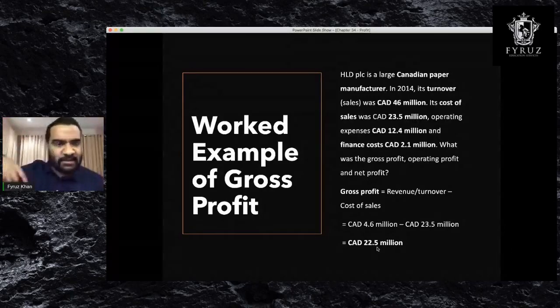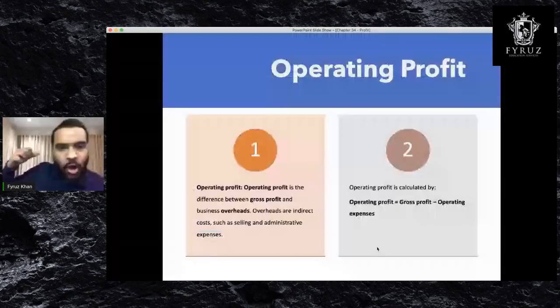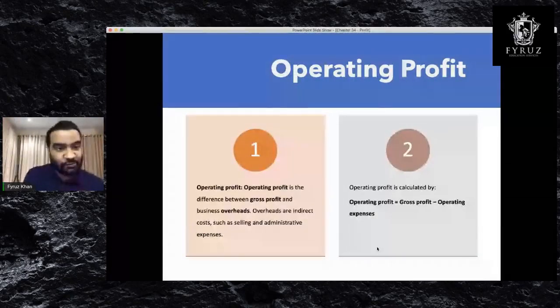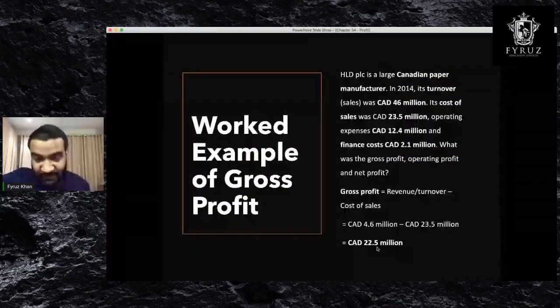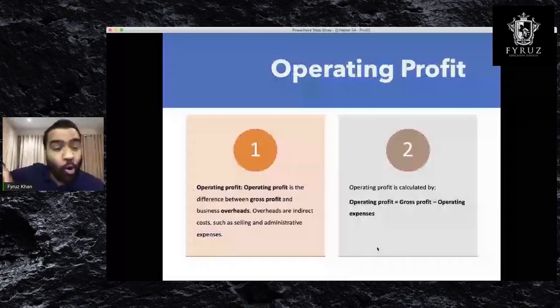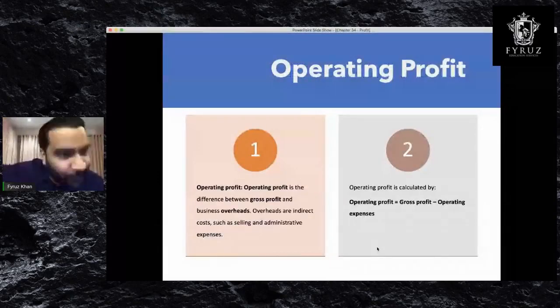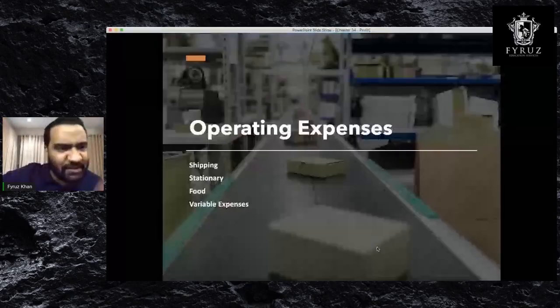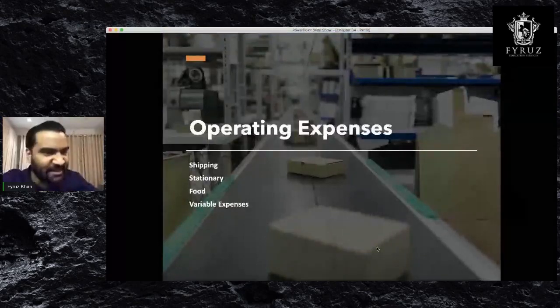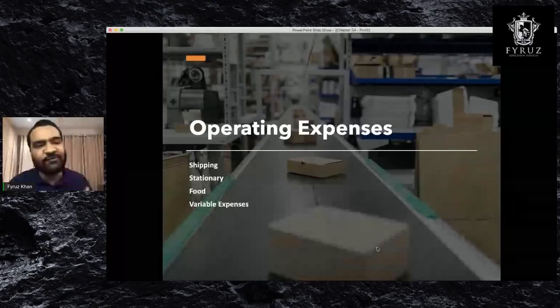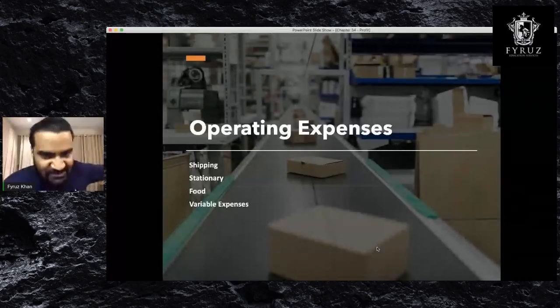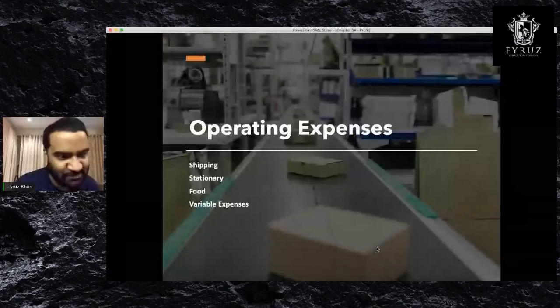Okay. Now, operating profit means you take the gross profit that you've already found out. You take that value, 22.5 million, minus overhead expenses, minus operating expenses. In a company you have expenses like, I need to ship this product, I need stationery, you need food. There are other variable expenses. Those are called operating expenses.